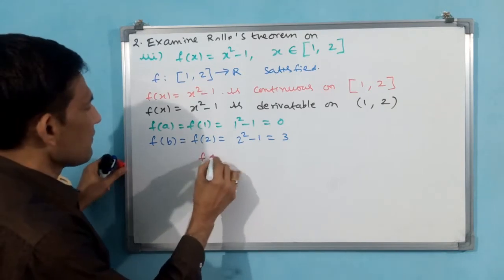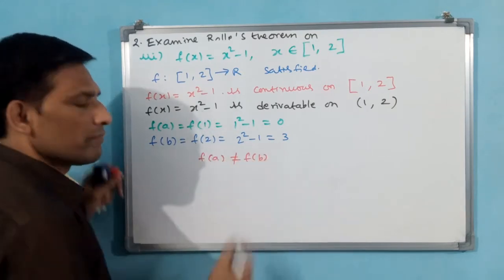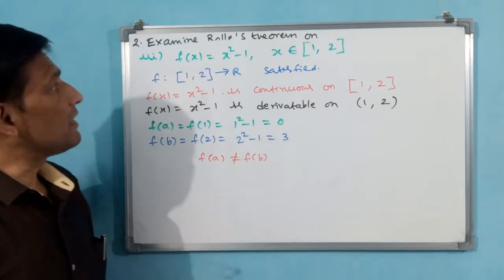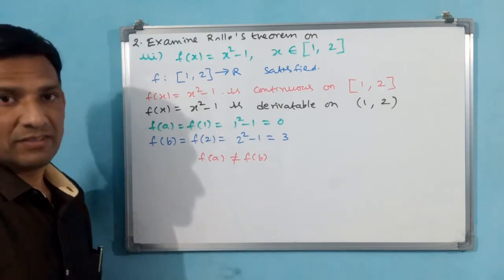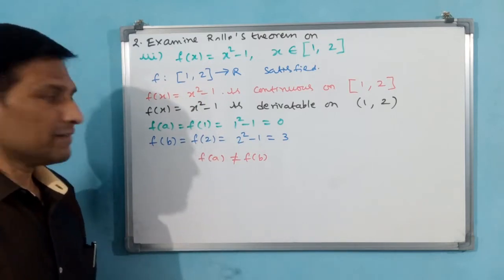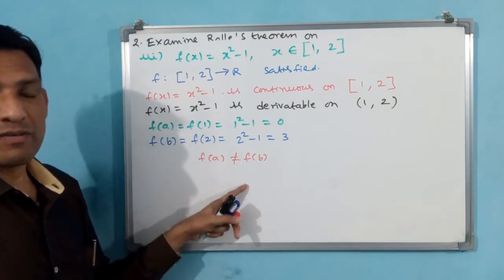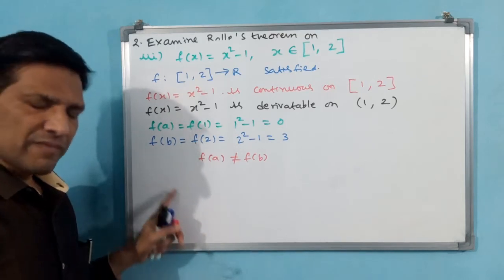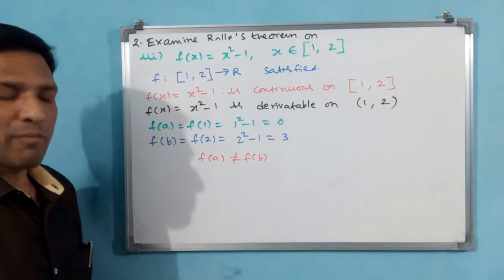Why? Because f of a is not equal to f of b. But for Rolle's theorem, f of a should equal f of b. Then only you can go for f dash c. First it should satisfy this, f of a should become f of b. Then f dash c means you have to find f dash x, then substitute f dash c and make it equal to 0.